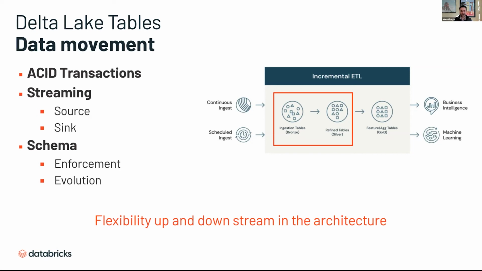So in the case of moving data from a bronze Delta table to a silver Delta table, both the source of that stream and also the sink, which is the silver table, are both Delta tables, and there is no need for other types of streaming technologies in between them. It actually makes it a lot more seamless and easy to deal with.